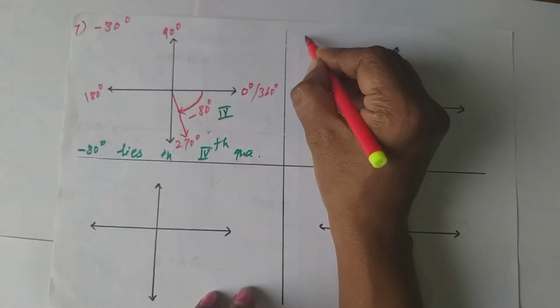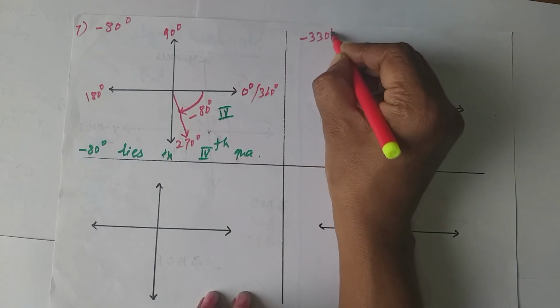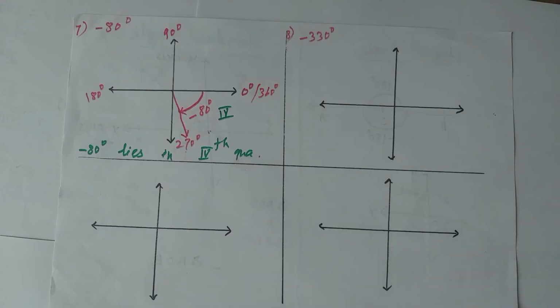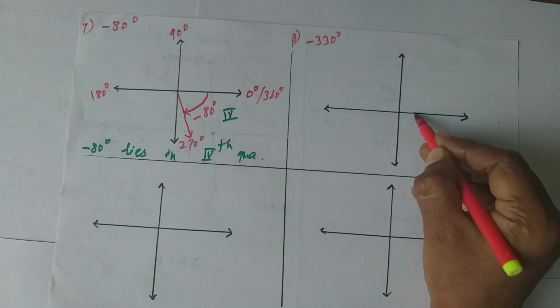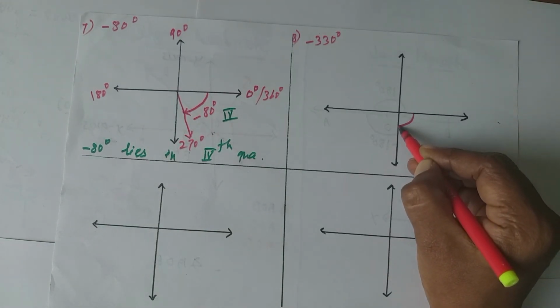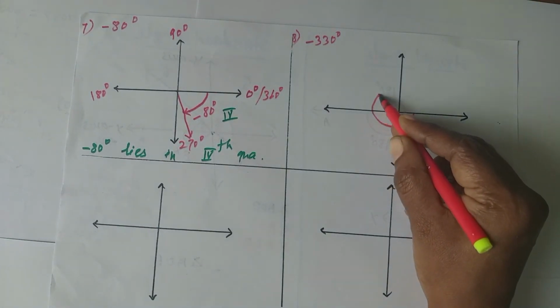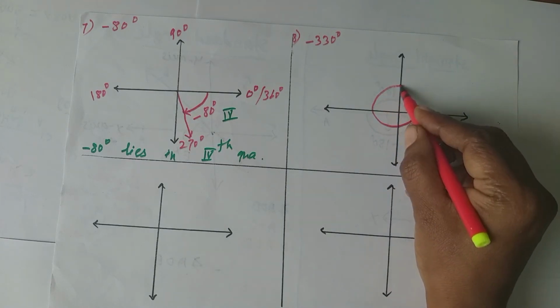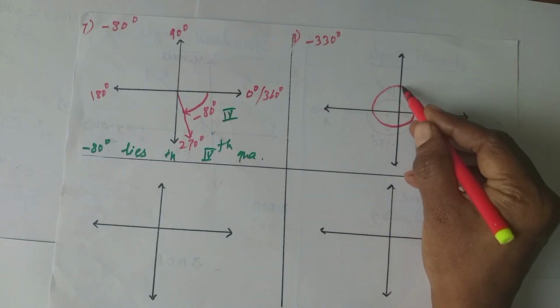Minus 330 degree. Next problem. Again, here angle is negative, means we have to rotate in clockwise direction. If I start rotating from this, this is 90, this is 180, this is 270. And I have here minus 330.